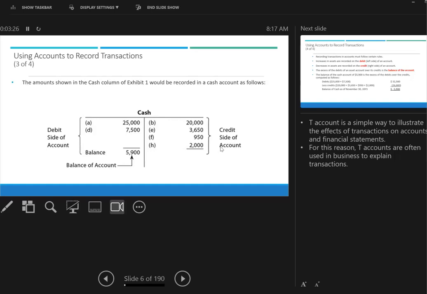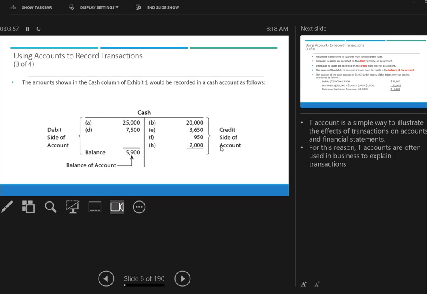So in this example, you see there was a transaction for A, that $25,000 went into cash. There was a transaction for B where we used up $20,000. There was a transaction for D where we received $7,500. A transaction on E where we used $3,650 in cash.